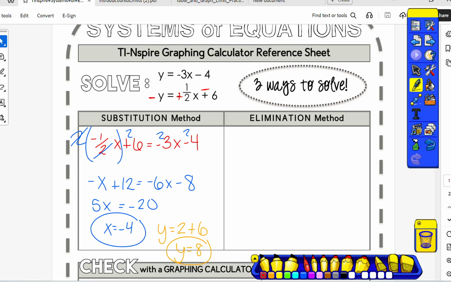Then we added the two equations together. So negative y and y gives me 0. If I add negative 3 and 1/2, that's negative 2 1/2, so negative 5/2. And negative 10.